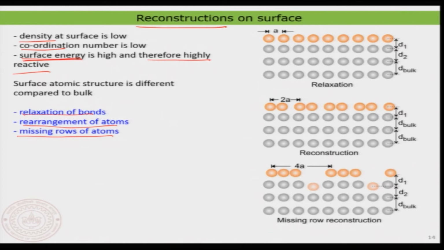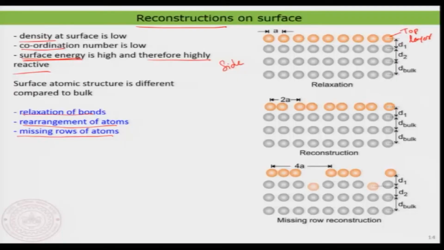So, what you are seeing is the side view of a bulk crystal, where this is the top layer, and the gray atoms are the ones in the bulk. Now, the first thing every surface does is that the topmost layer moves much closer to the second layer.